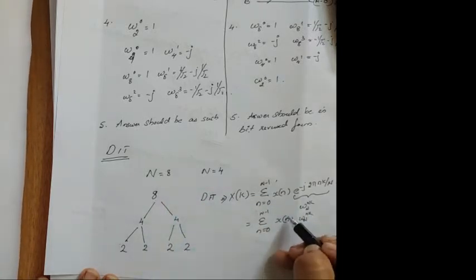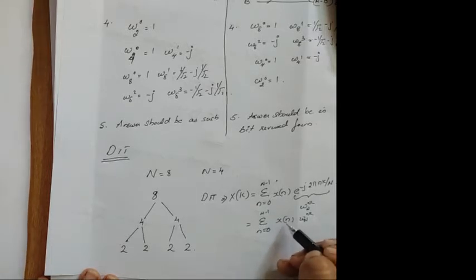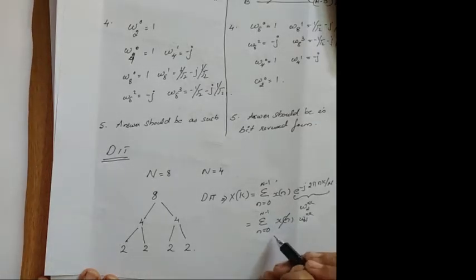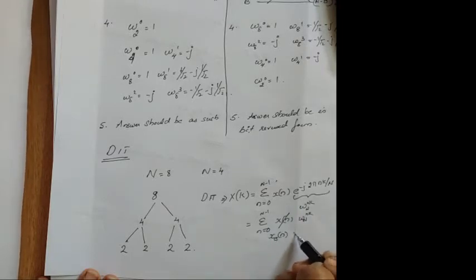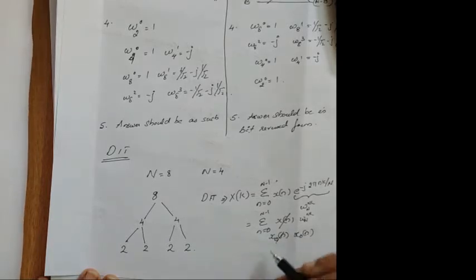Now you are going to divide your time sequence. This x of n is your time sequence, and you are going to divide it into x even of n and x odd of n. Again you split these into even and odd, like that.